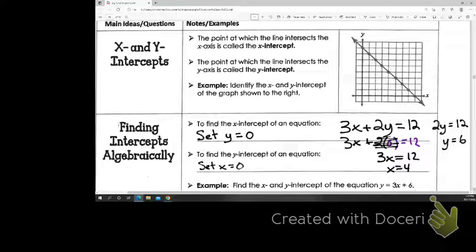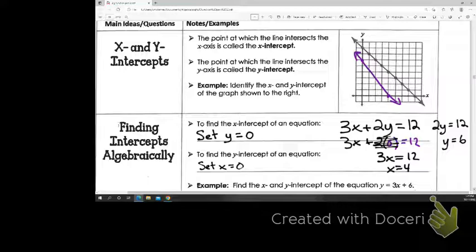And then I would know that this equation crosses my x-axis at 1, 2, 3, 4, and my y-axis at 1, 2, 3, 4, 5, 6, and I could just simply connect those two dots. So I could just find those 2 points with 2 quick divisions.